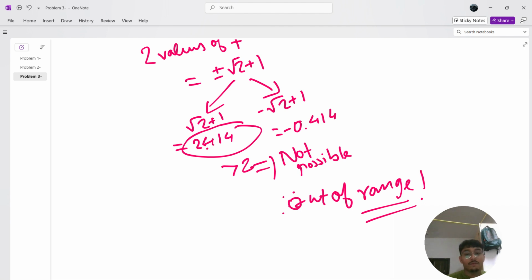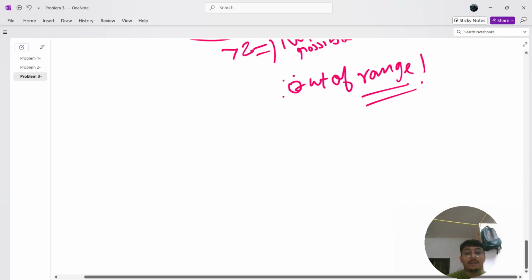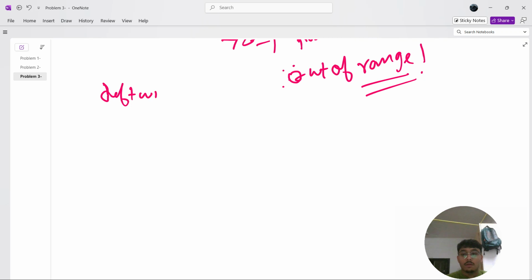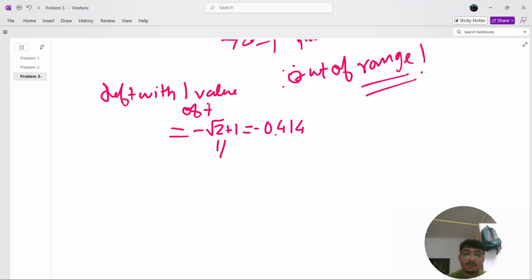Important check, a very important check. So hence we are left with only one value of t, which is minus root 2 plus 1, that is minus 1.414 plus 1, which is minus 0.414. So this is our t.